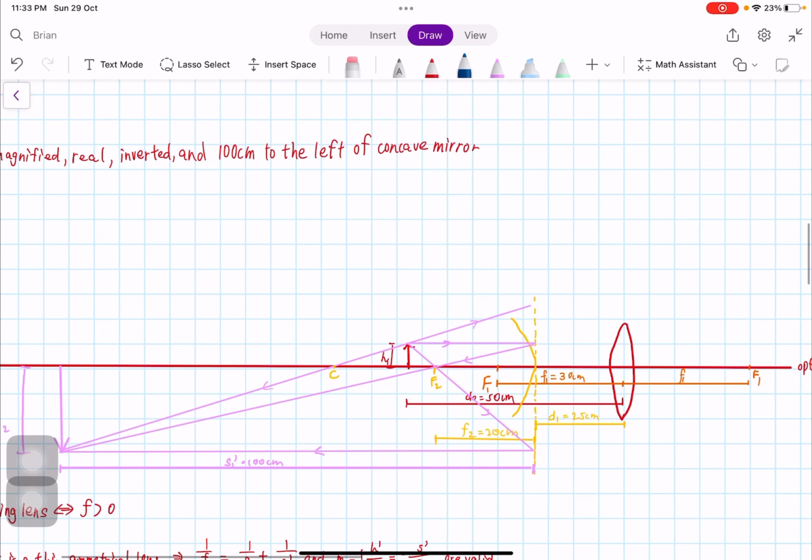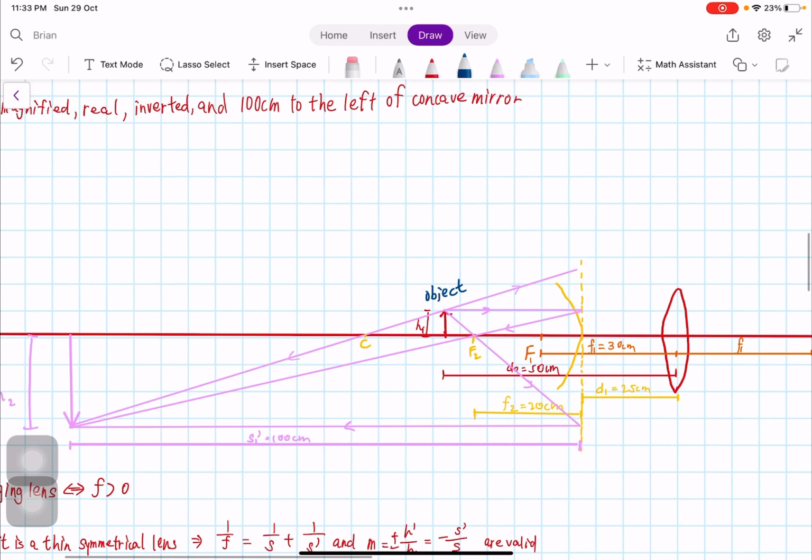This is the object with an arrow. As I follow the parallel ray, it will go towards the focal point. Following the focal point, connecting the dots, it ends here, following the pink line.